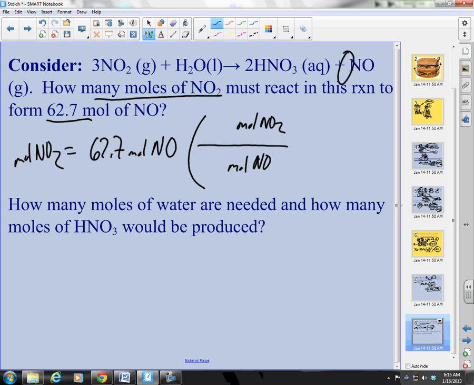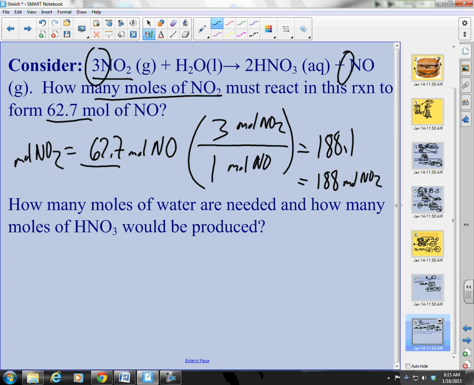NO is here, so I put a 1. NO2's here, it has a 3. 3 to 1. So I take 62.7 times 3 divided by 1, and it looks like I have 188.1. How many sig figs? 3 sig figs. So my answer is 188 moles of NO2 because my moles of nitrogen monoxide cancel.